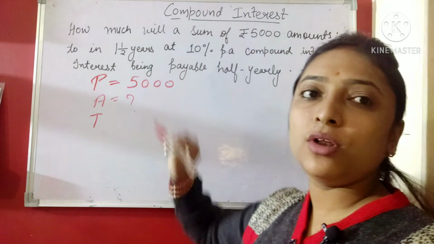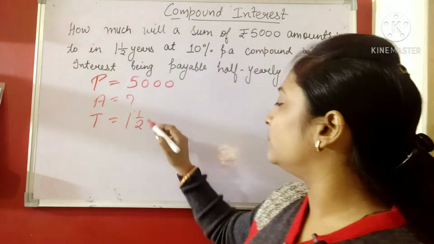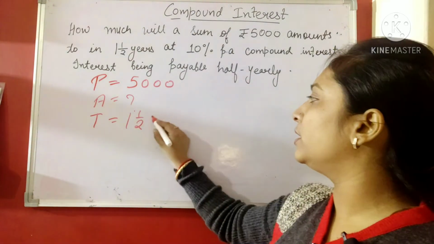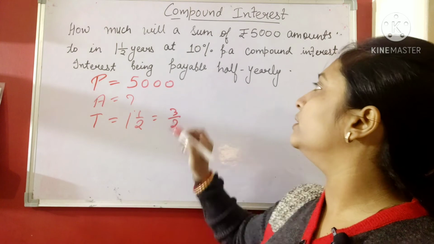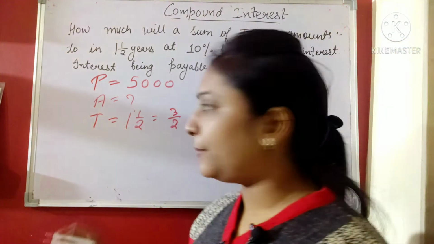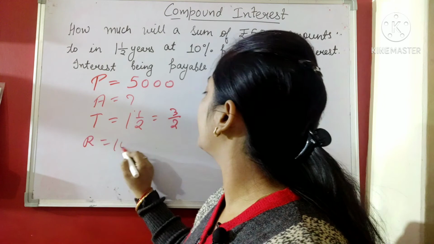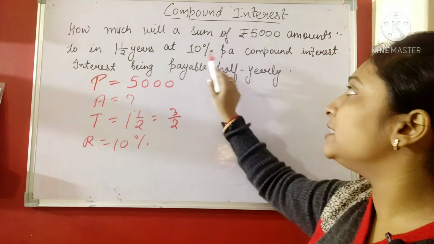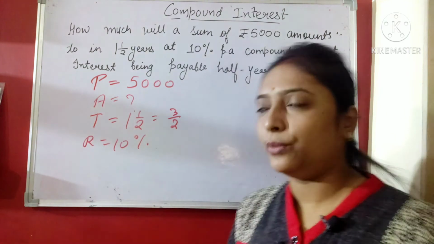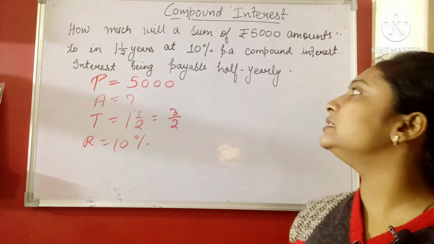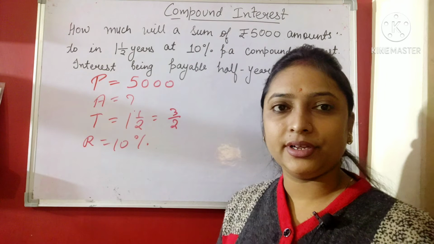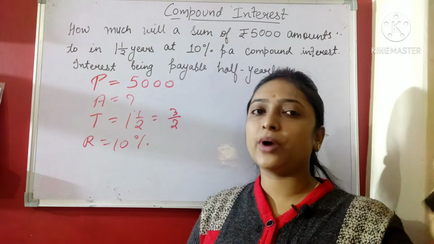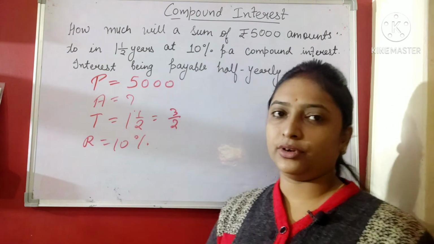Time is 1 and 1/2 years, which when converted into an improper fraction gives 3/2 years. Rate is 10% per annum. Compound interest rate is given as 10% per annum, but the interest is payable half yearly.